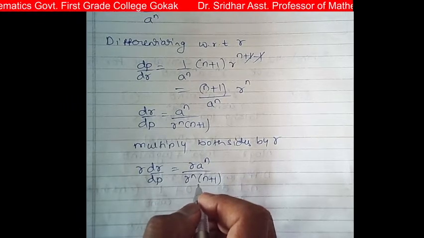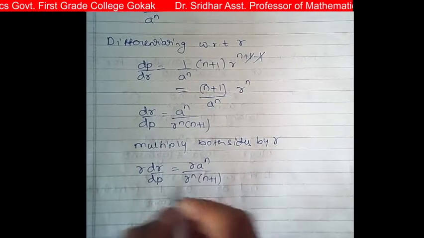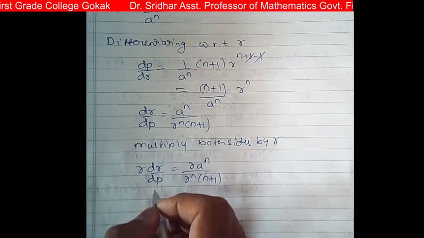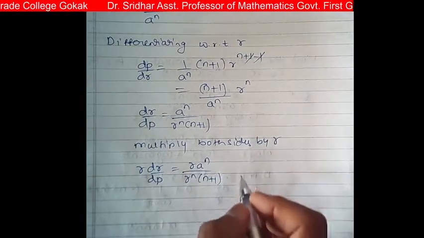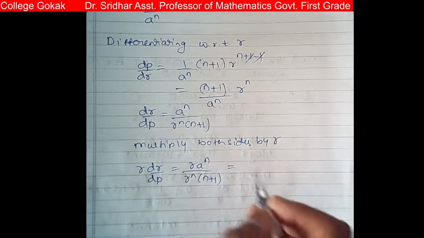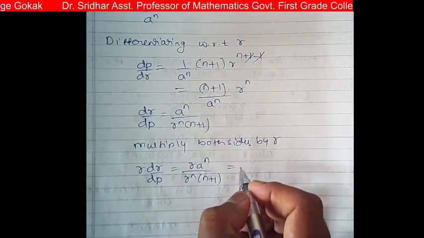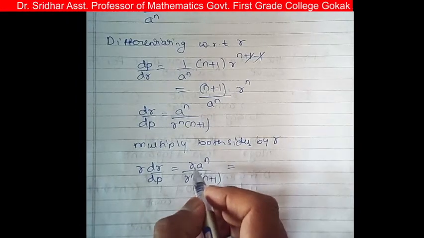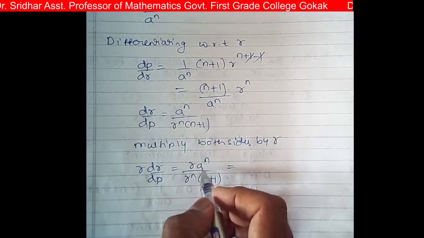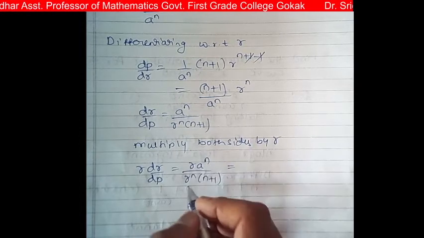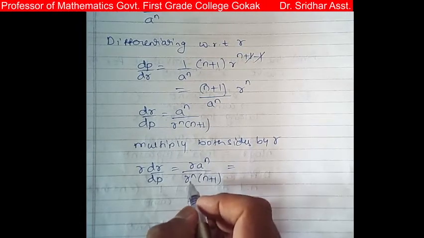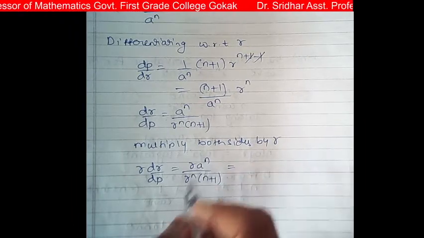Okay, so this is r into dr by dp. On further simplification, this is r into a raised to n, and here it is r raised to n, n plus 1. Now what is r raised to n by a raised to n?